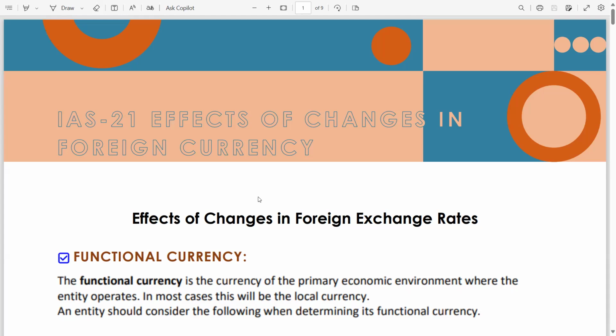Monetary items are related to cash, such as receivables, payables, and cash and cash equivalents. Whereas non-monetary items are assets, non-current or current. In non-current assets, property, plant and equipment, intangible assets. In current assets, inventory, like this. So we will learn the implications and the reporting of the monetary and non-monetary items.